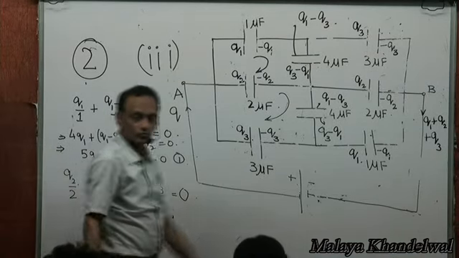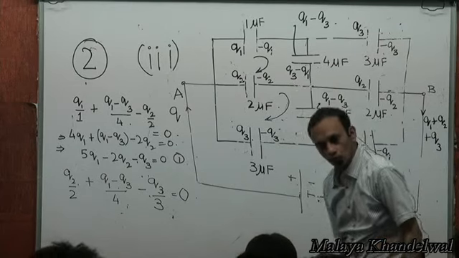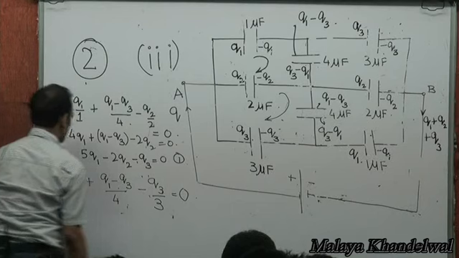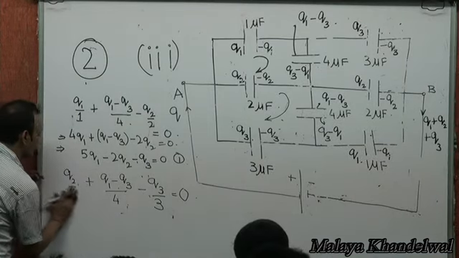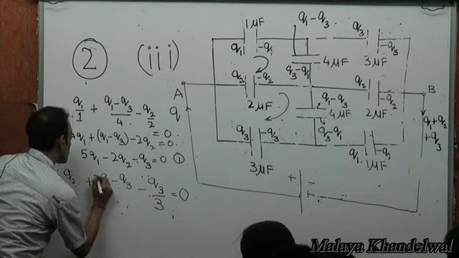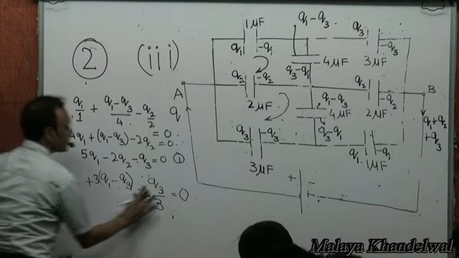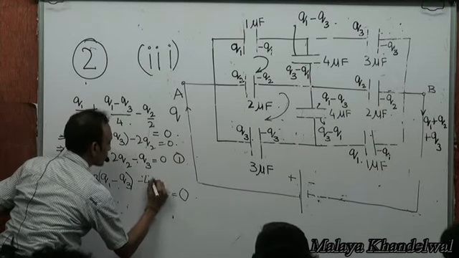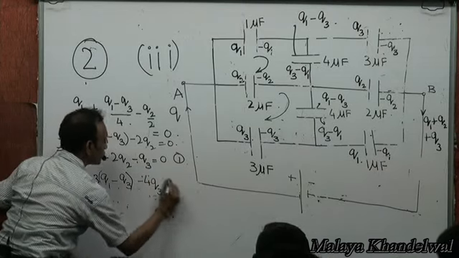Yes or no? So if I multiply by 12, I get 6Q2 plus 3Q1 minus 3Q3 minus 4Q3 equal to 0.